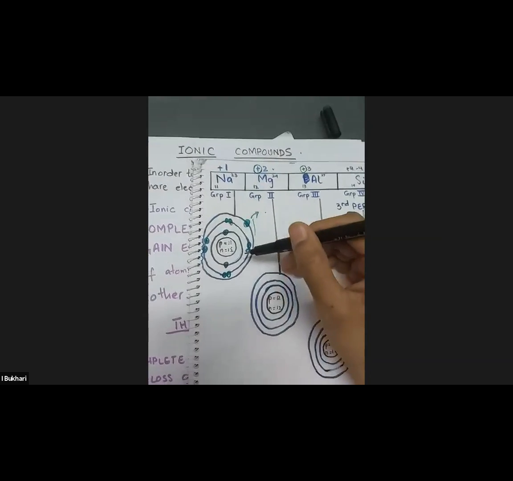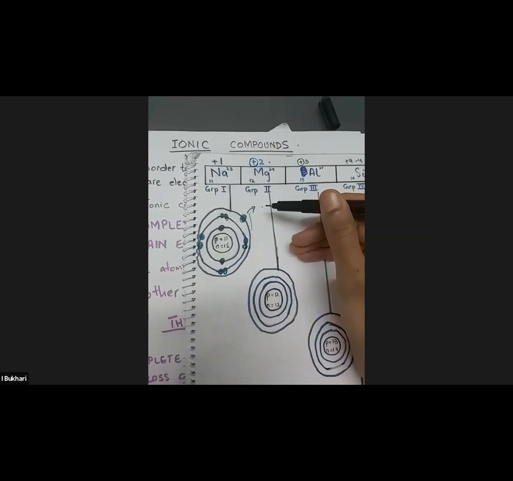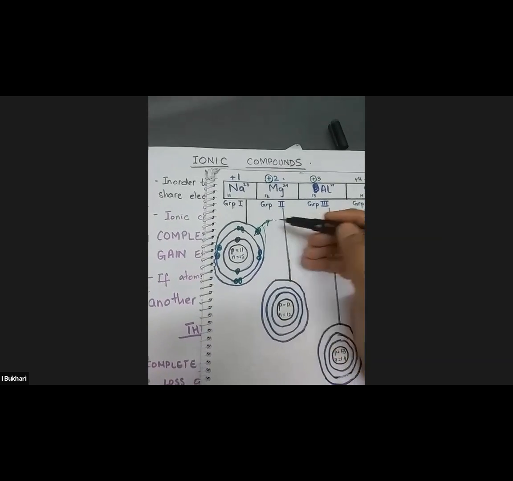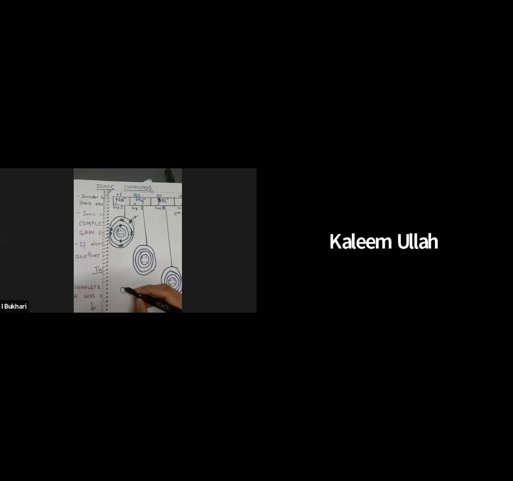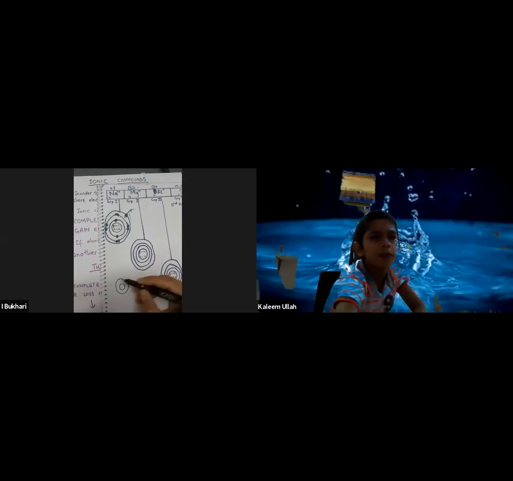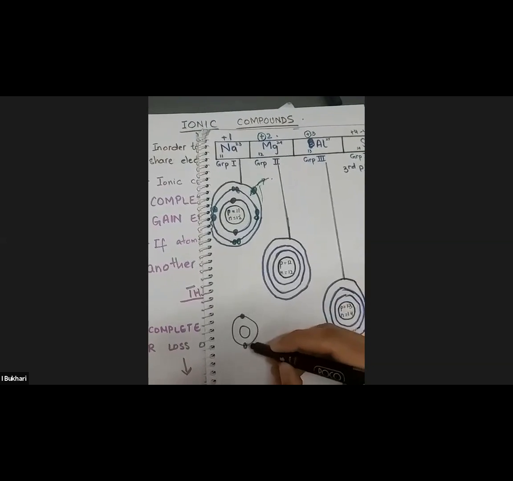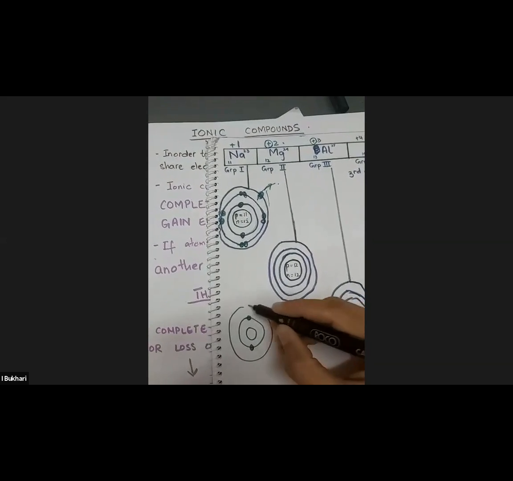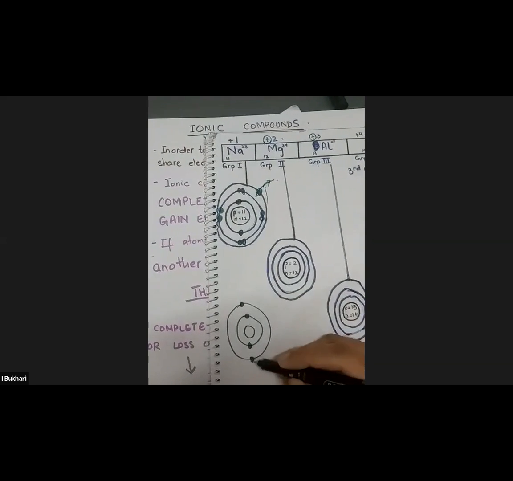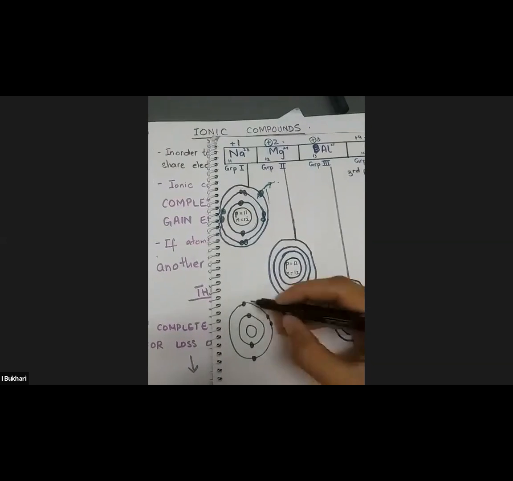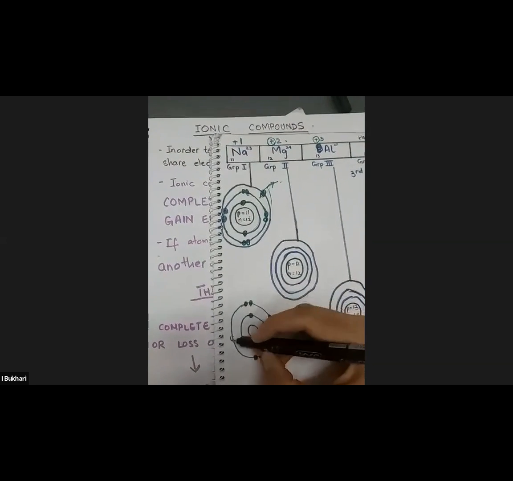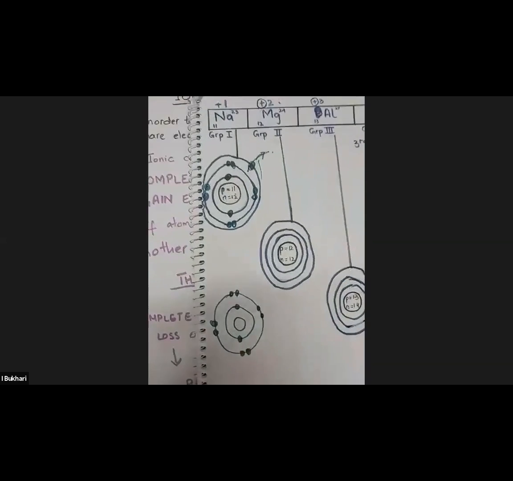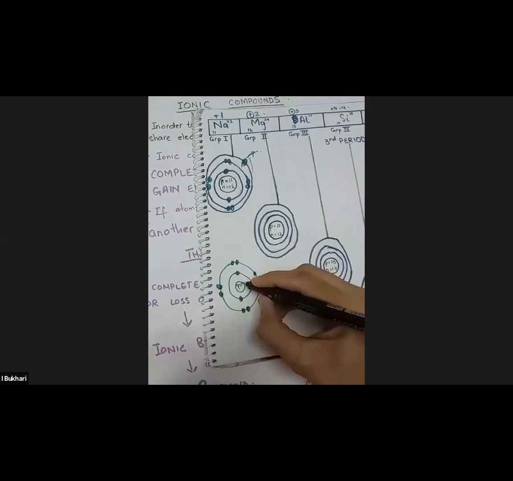So it's easier for them to lose this 1 electron. And by losing this 1 electron, what happens? What happens is that they have now only 2 shells left. And so this is the structure of a sodium ion. Now what is that?